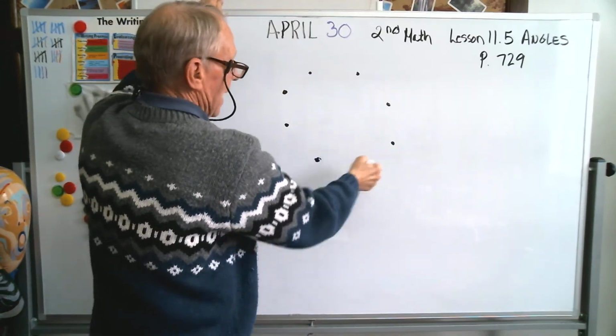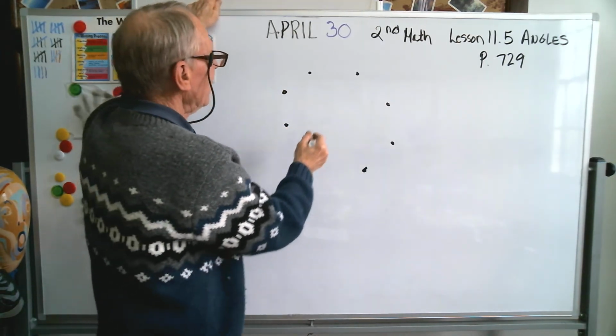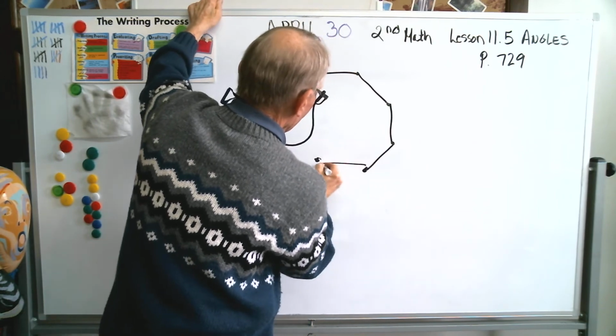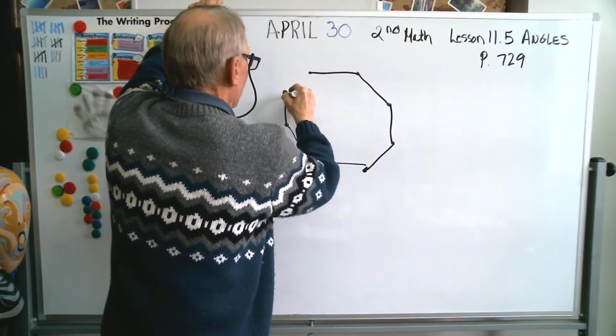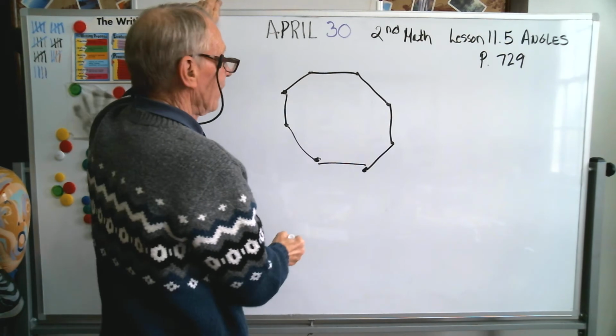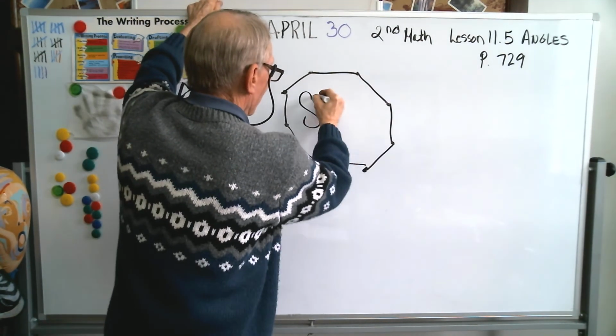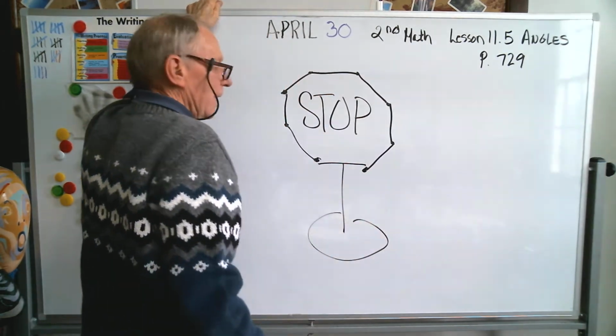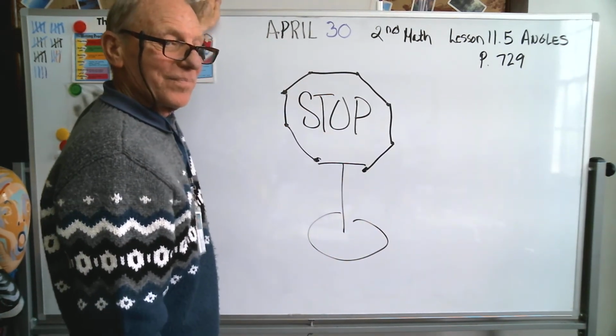I got 8 points, right? When we tie those all together, what do we end up with? A stop sign. That's right.